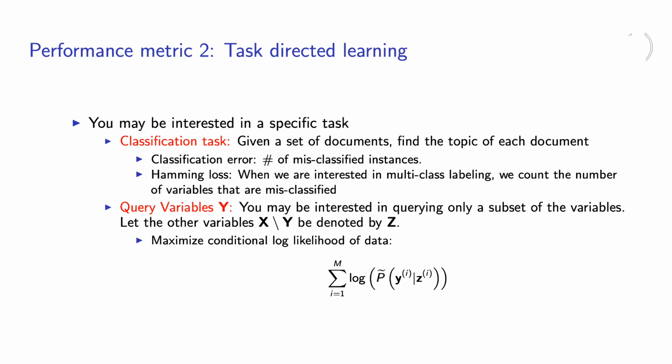Hamming loss is a generalization of classification error to the multi-label setting, where we count the number of variables that are misclassified. Again, you want to minimize the Hamming loss if you want to learn a good probabilistic model.